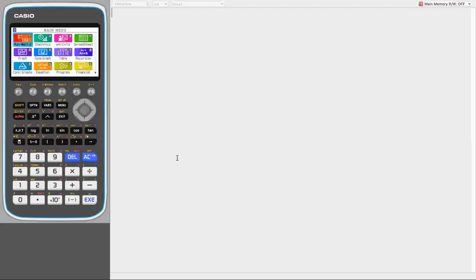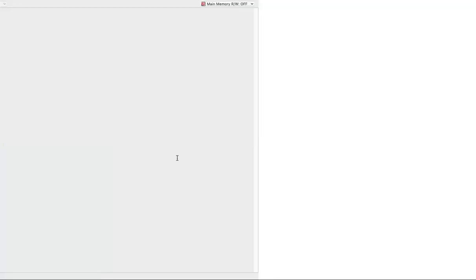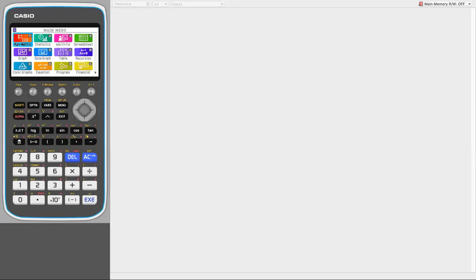I'm just going to write down the coordinates. So it's (20, 15.25), then (10, 9), then (30, 19). We can just put this under regression.